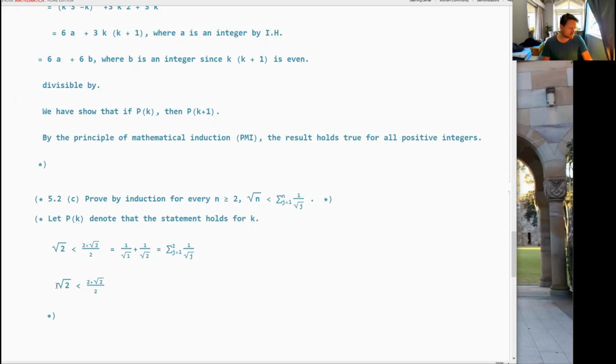So what we want to do here is work backwards. We would multiply throughout by 2, and then we'd get this. Next, I would subtract this root 2 from both sides, and so I would have one of these root 2's less than 2, right?